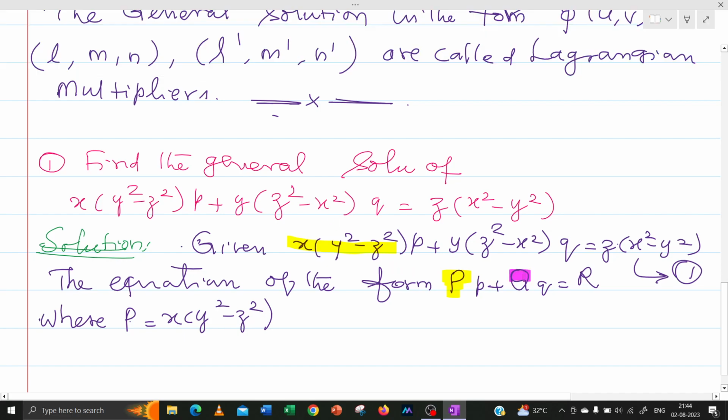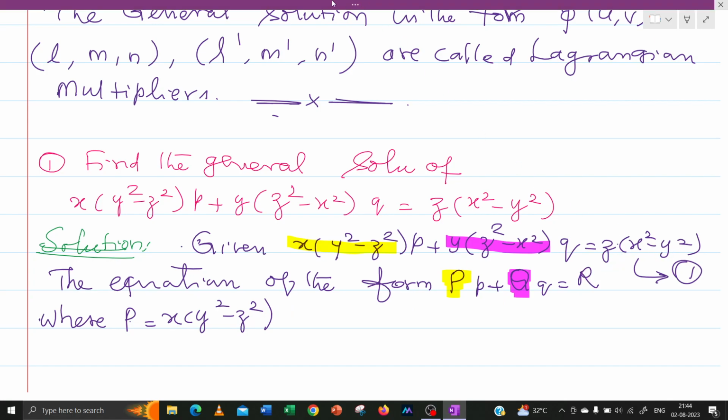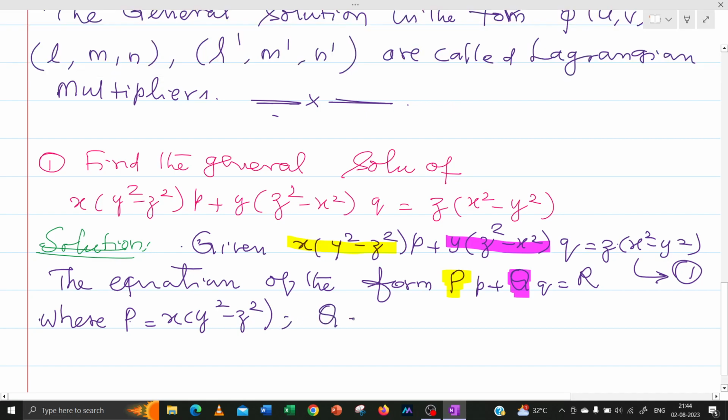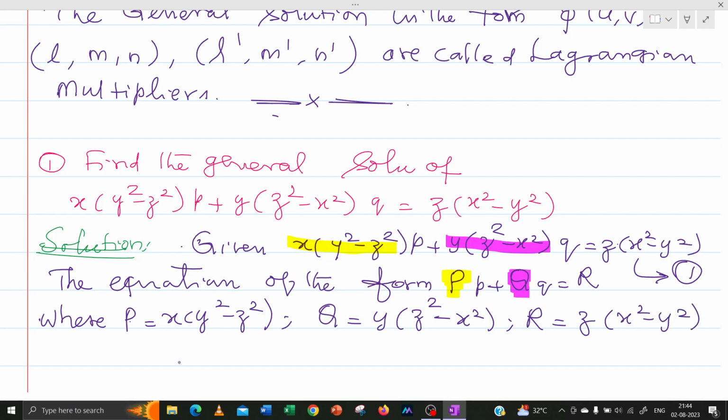In the place of Q, y into z square minus x square is there. The remaining R can easily be identified: R equal to z into x square minus y square.